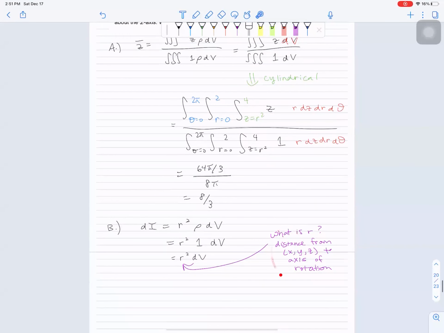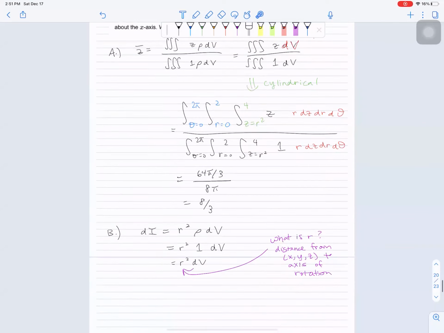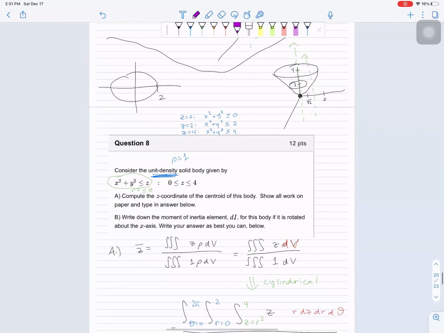Okay, so back to this. What is the distance r? Well, I look at my shape. I have some random point. Also, let me label my axes. Okay, so I have some random point, let's say x, y, z. And I'm rotating about the x-axis.